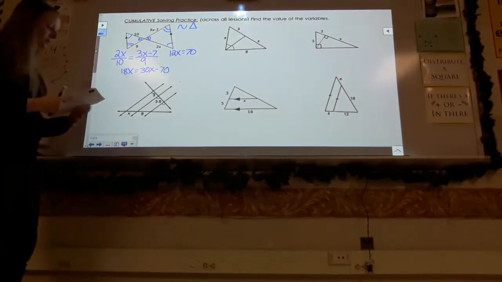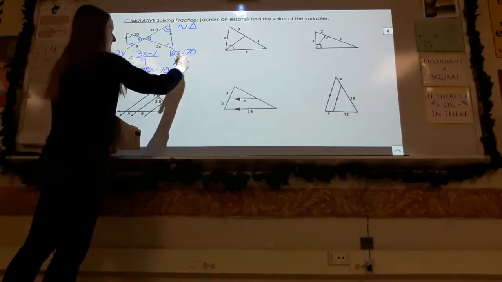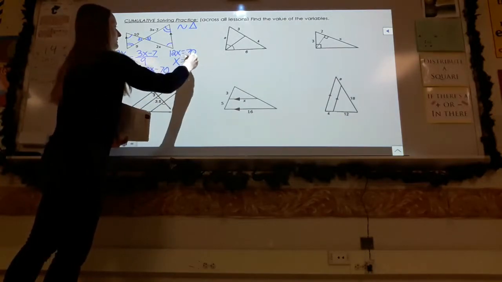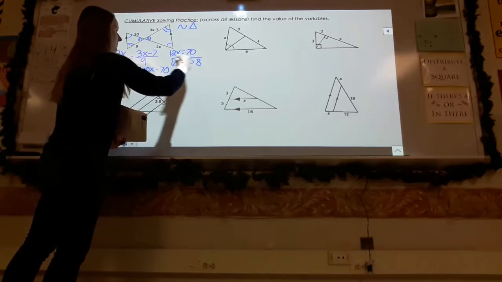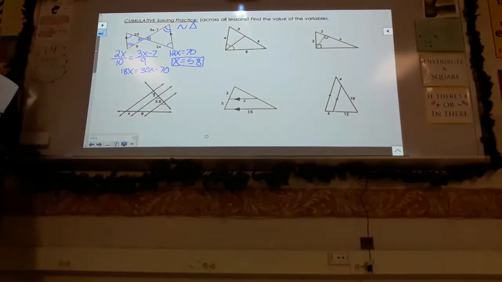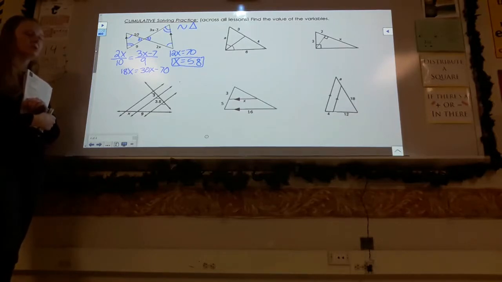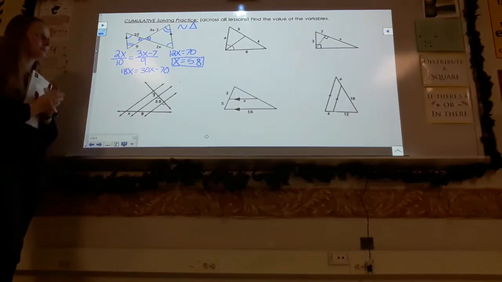And then when you divide, you will get a very strange looking decimal, but expect that in this unit. You get a lot of weird decimals in this unit. So it rounds to 5.8. There's rounding involved, you can just do one decimal.